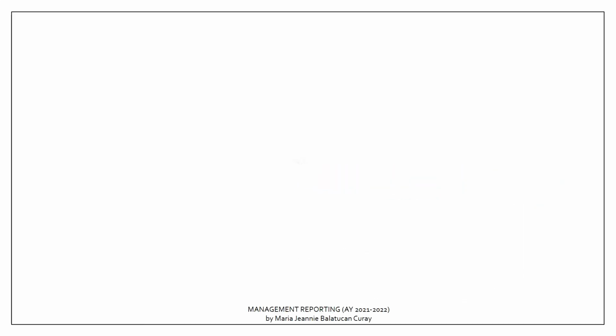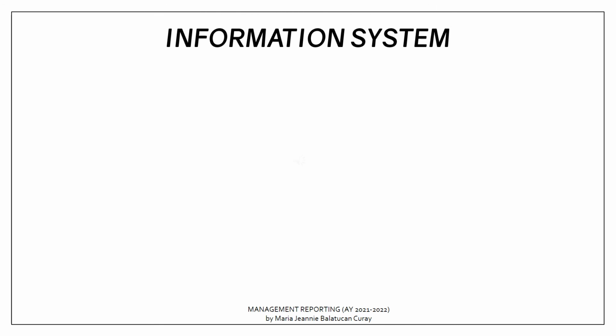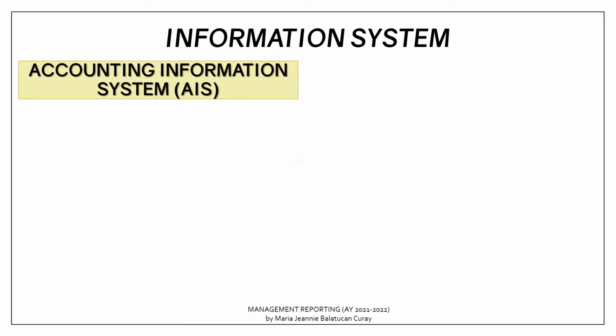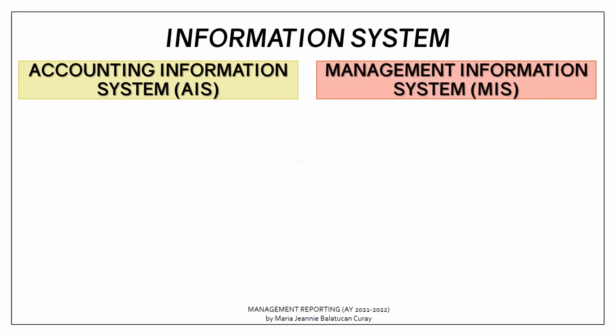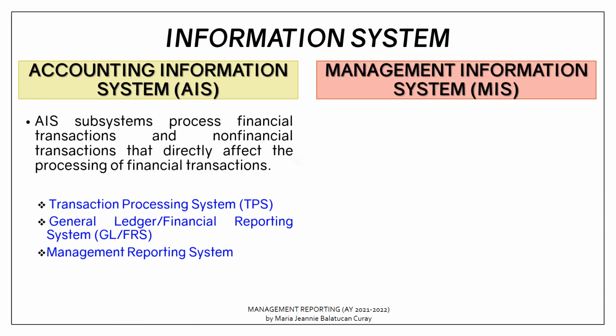As seen on the information system framework, the IS is composed of the accounting information system or the AIS and the management information system or MIS. So AIS subsystems process financial transactions and non-financial transactions that directly affect the processing of financial transactions.